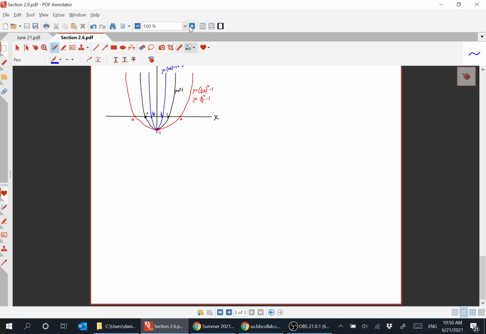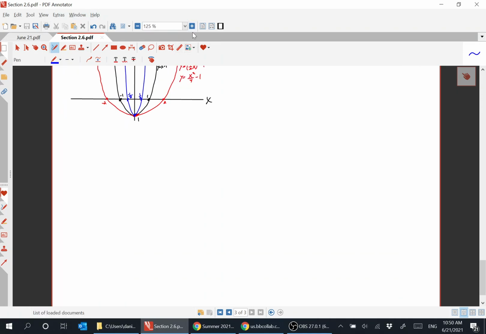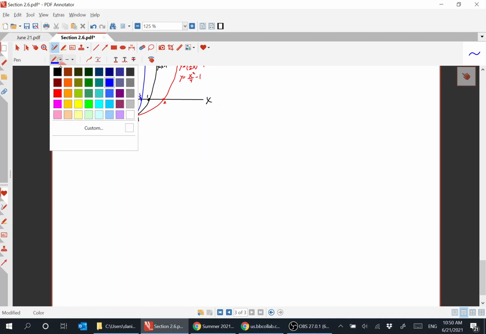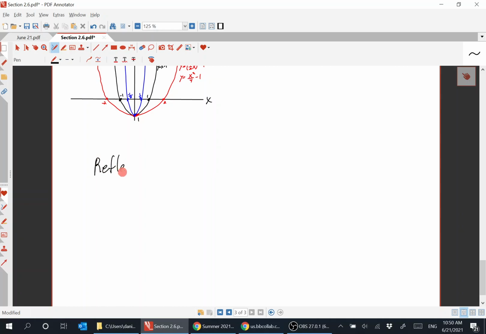All right. A couple other transformations. The reflections. So if you've got a function y equals f of x, so let's make just a function like this, y equals f of x.